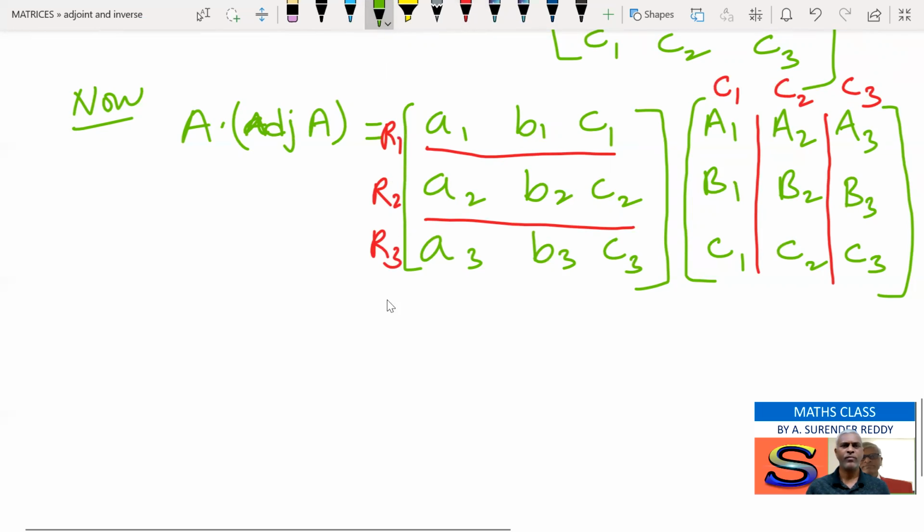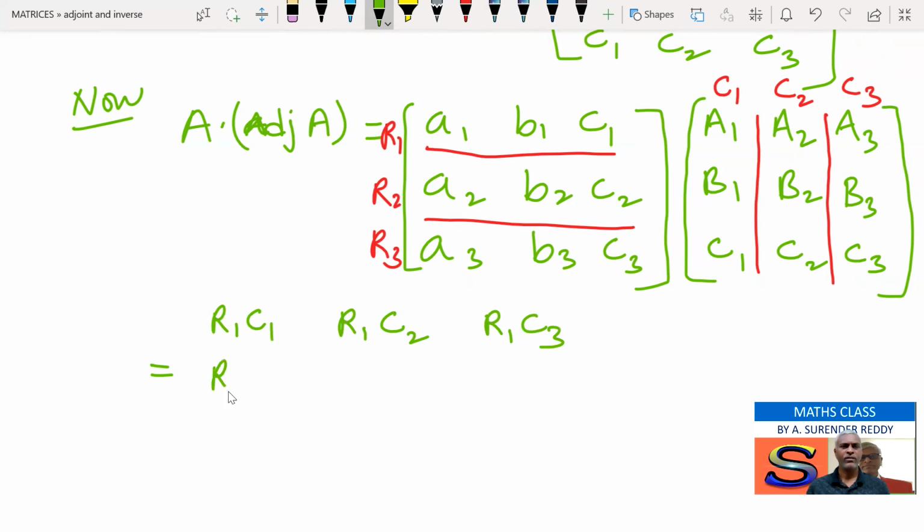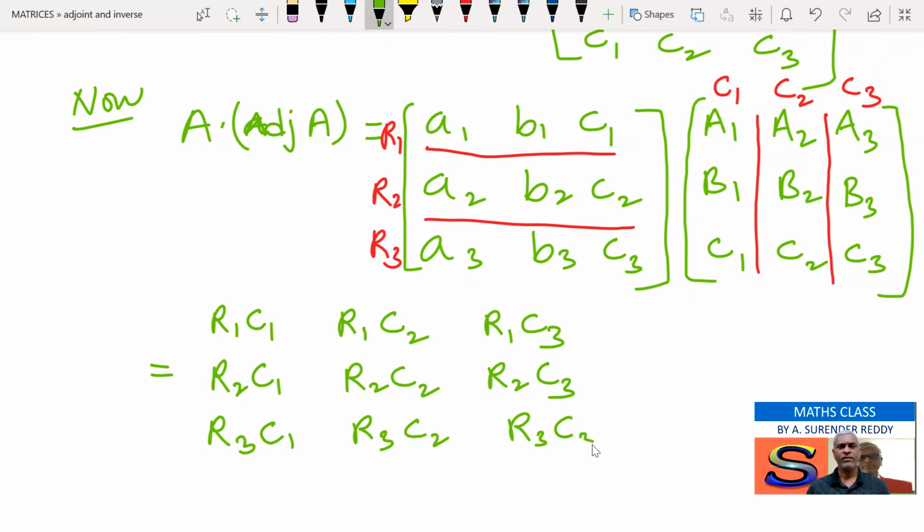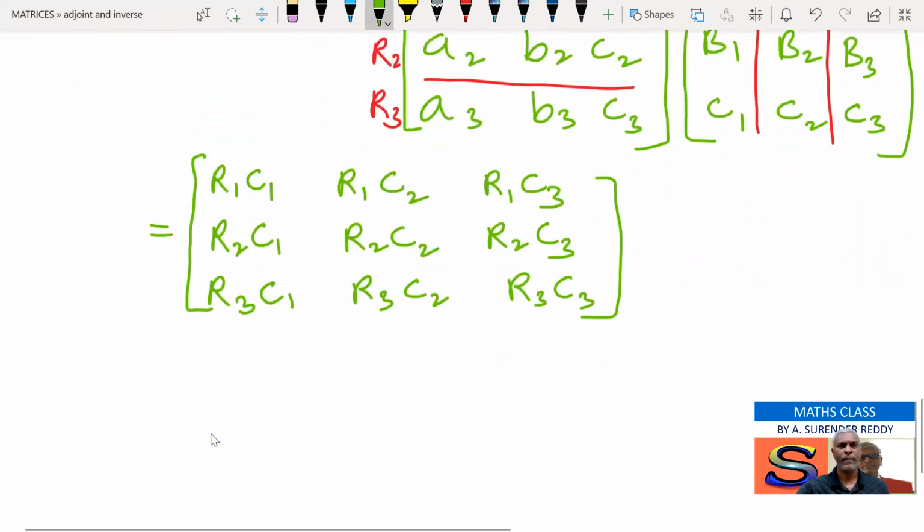Now R1C1, R1C2, R1C3, R2C1, R2C2, R2C3, R3C1, R3C2, R3C3. So this is how we multiply both matrices.